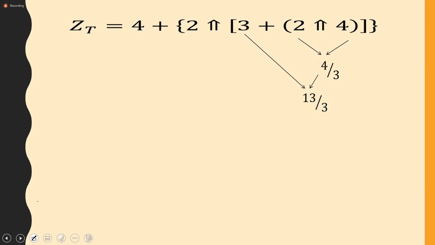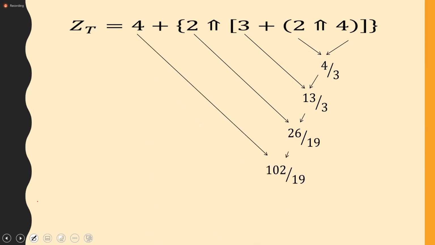I make that in parallel with 2. So I have 2 times 13/3 over 2 plus 13/3, and we get 26/19. And then I add 4 to that, and we get 102/19.